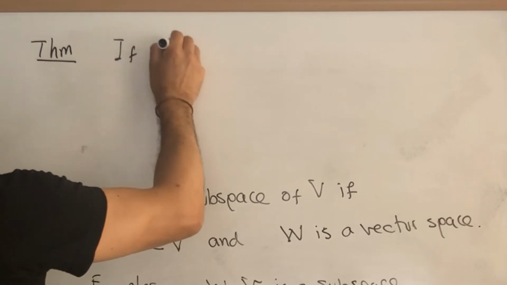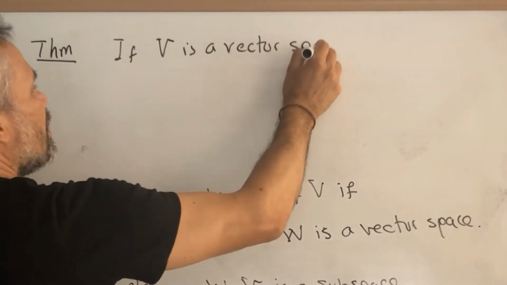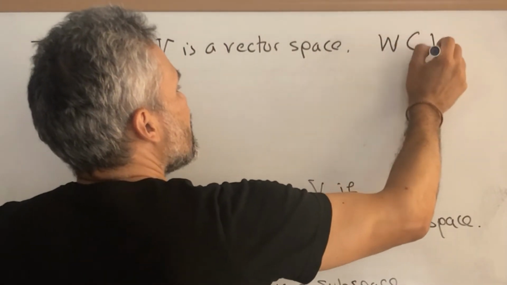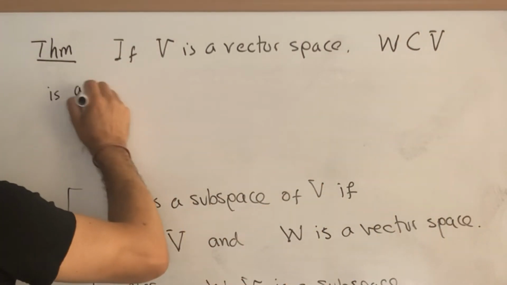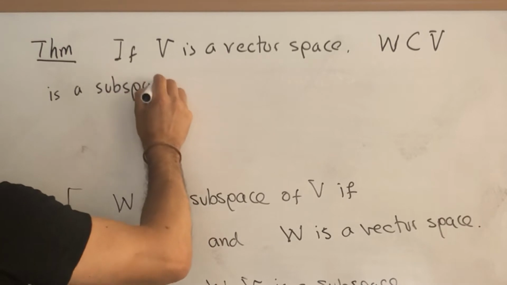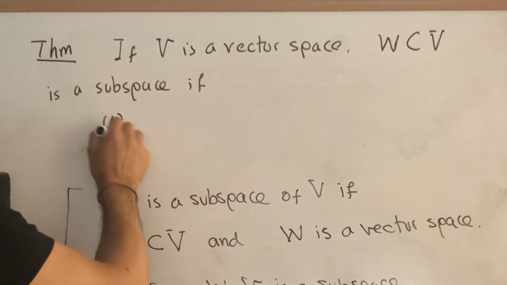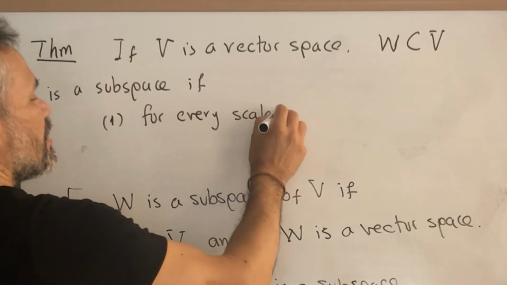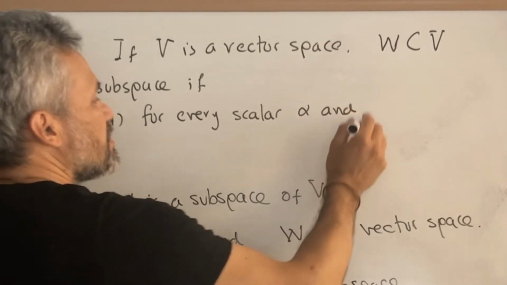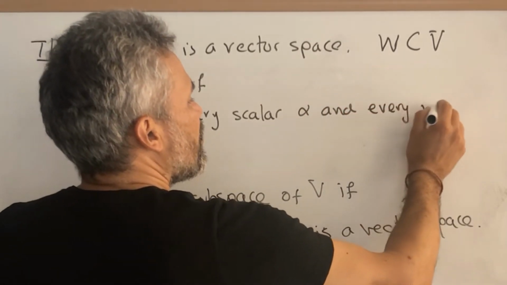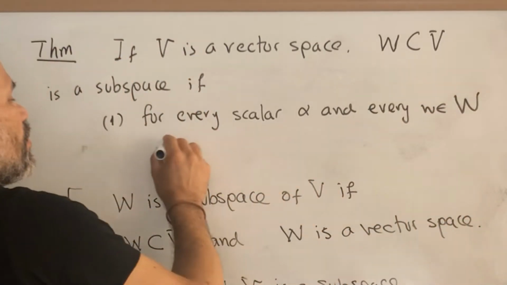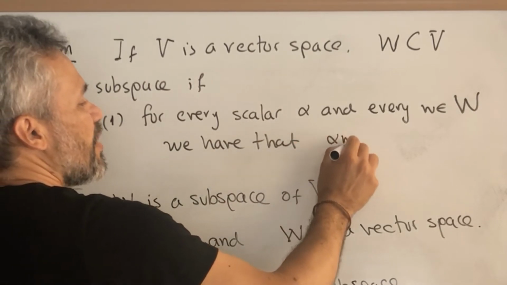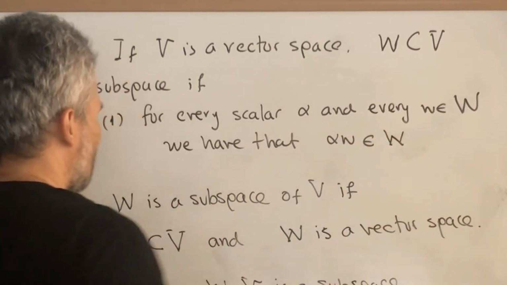If V is a vector space, then W contained in V is a subspace if, 1, for every scalar alpha and every little w in capital W, we have that alpha w is an element in W.